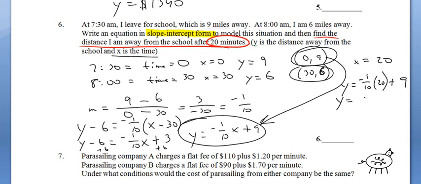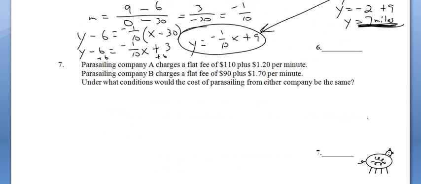So 1/10 of 20 is 2, or negative 2 of course, plus 9. So y equals 7. Again, find the distance, so it is 7 miles. That's the answer to that problem. A little tricky, but just remember the starting time is 0 time, and then you look to see how many minutes have passed. Come up with a point.